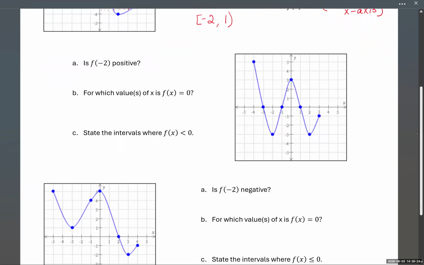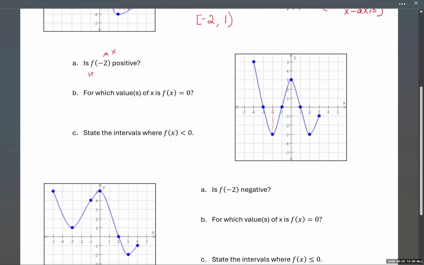Let's try it again. On the second graph, is f at -2 positive? So again, -2 is your x value. So look at x equals -2 and see if the function is above or below the x-axis. If it's below the x-axis, which it is for us, it's negative. The question is, is f at -2 positive?